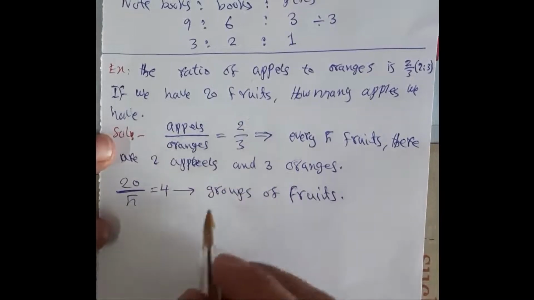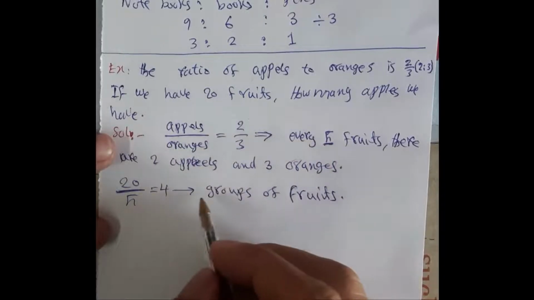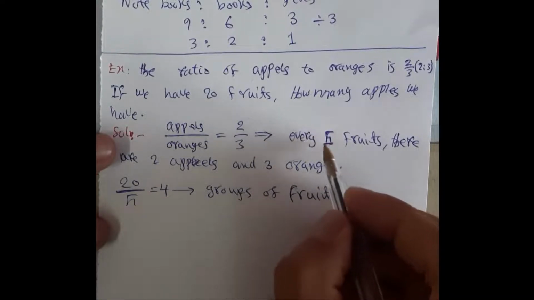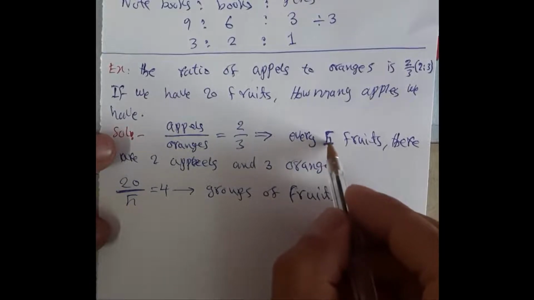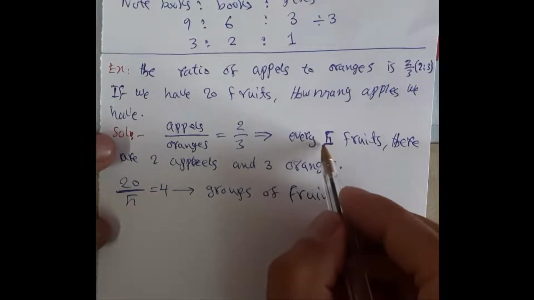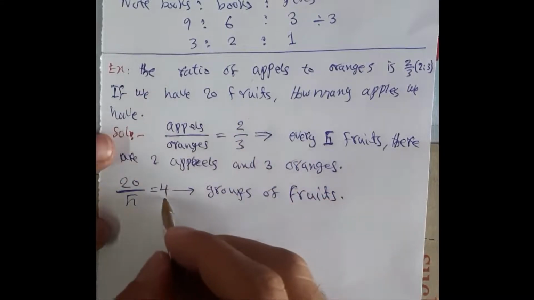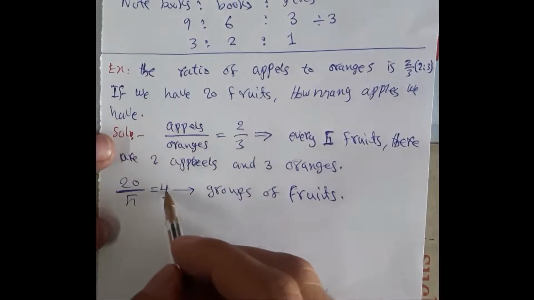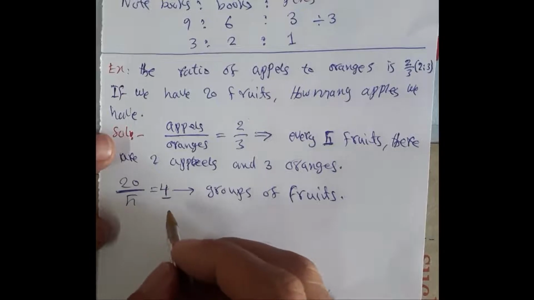Every group has 5 fruits, and in every group we have 2 apples and 3 oranges. In 1 group we have 2 apples, in 2 groups we have 4 apples, in 3 groups we have 6 apples, in 4 groups we have 8 apples.